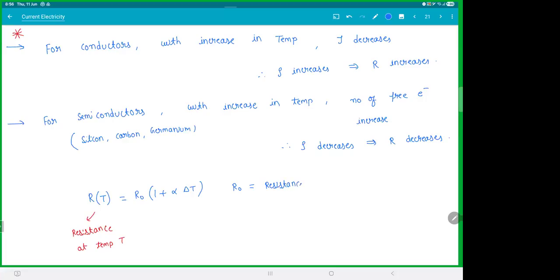R naught is the resistance at 0 degrees. Alpha is the temperature coefficient of resistance. Sometimes you'll get questions like this; I'll show you one. Easy questions, but you need to know. Delta T is the change in temperature, basically the temperature from 0 degrees.